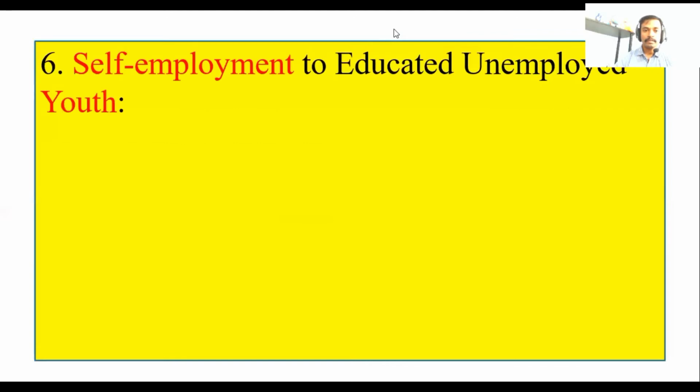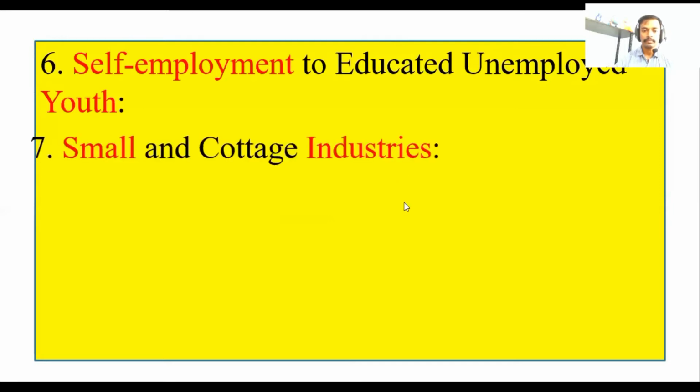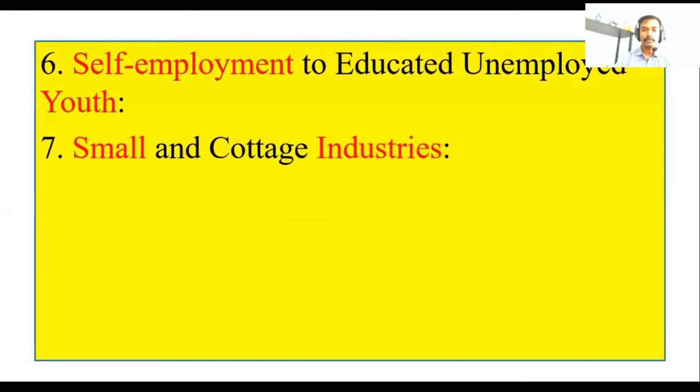Next is self-employment to educate unemployed youth. Then small and cottage industries, students, which is very important. Small scale industries, for example 5 or 10 members together forming an industry.